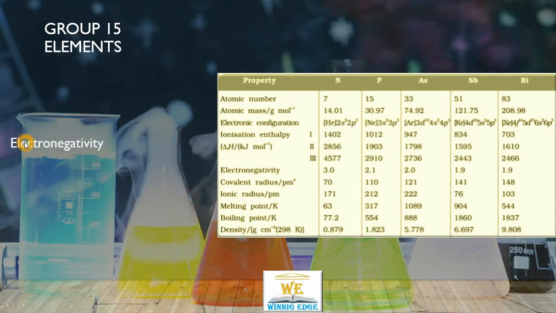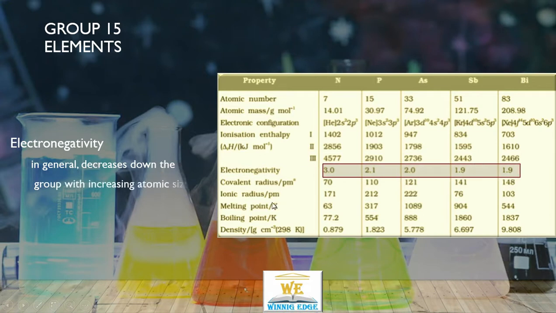Now next is electronegativity. By definition, electronegativity is the capacity of an atom to attract electrons toward itself. So it's a tug of war between the elements. The element or atom that can strongly pull the electron toward itself is more electronegative. There is a decrease in electronegativity down the group because of the same concept: size increases.